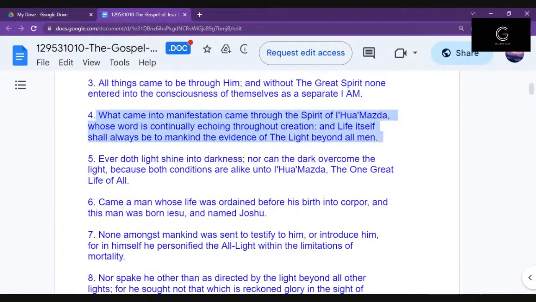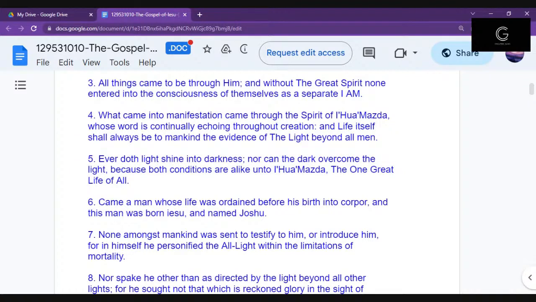What came into manifestation through the spirit of Ahua Mazda, whose word is continually echoing throughout creation, and life itself shall always be to mankind the evidence of the light beyond all men. Ever doth light shine into darkness, nor can the dark overcome the light, because both conditions are alike unto Ahura Mazda, the one great life of all.